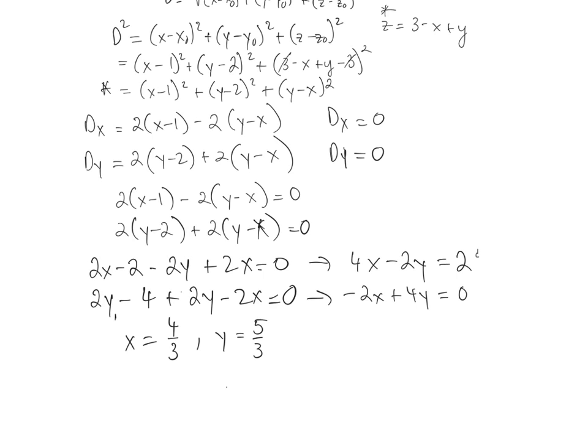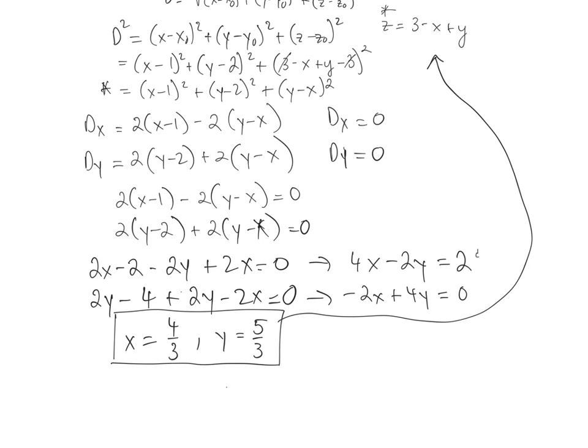So after you get these two values, you can plug them back into this equation for z, so we can find z. So z will be 3 - x, which is 4/3, plus 5/3. Your z will be 10/3.